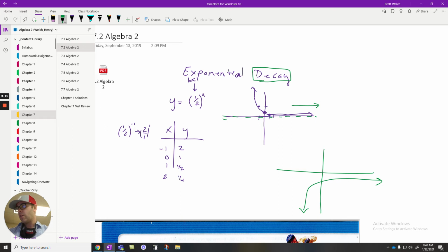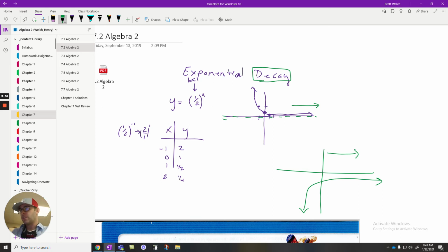Both of these are decay graphs because as I go to the right, the graph is flattening out as it approaches a specific value. It will get infinitely close to that value and not change again. It's going to continue to cut in half and half and half again, getting infinitely small towards that asymptote.